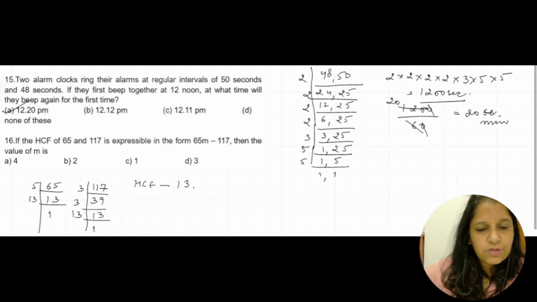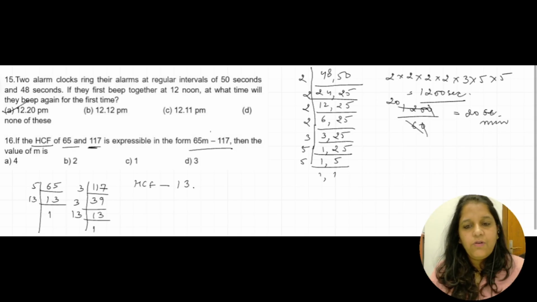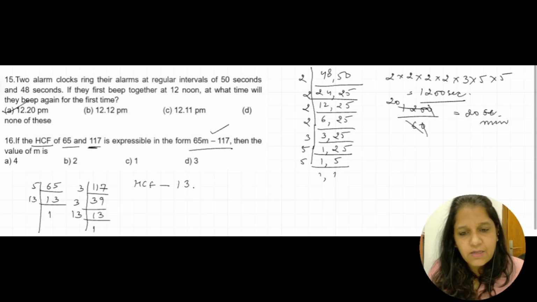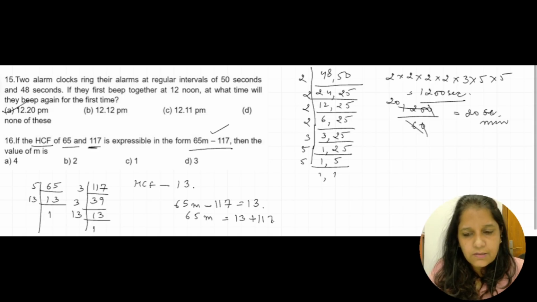It is given in the question HCF of 65 and 117 can be expressible in the form of 65m minus 117. That means the HCF of these two numbers is equal to 65m minus 117. तो क्या करेंगे 65m minus 117 इसको इक्वेट कर देंगे 13 के साथ और m की वैल्यू निकाल लेंगे 13 plus 117.